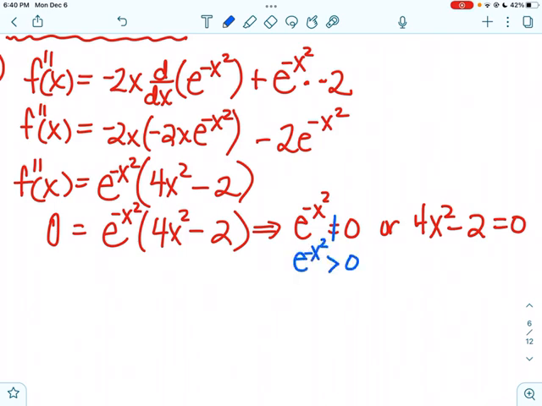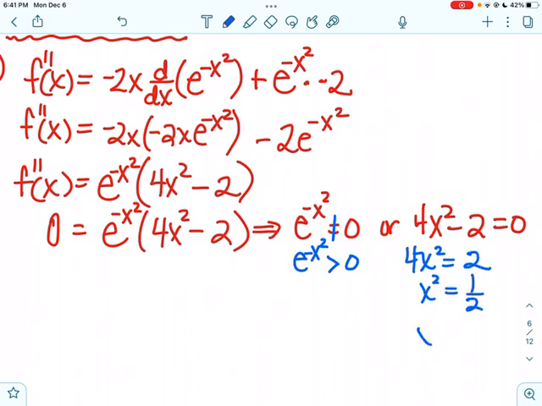So here we have 4x squared is equal to 2, and then x squared is equal to 2 over 4, which is 1/2, right?